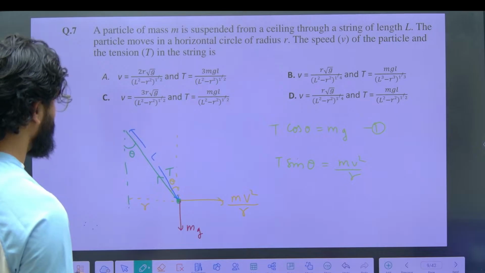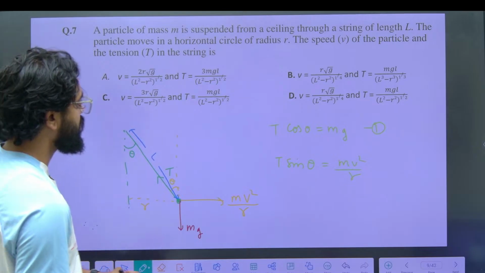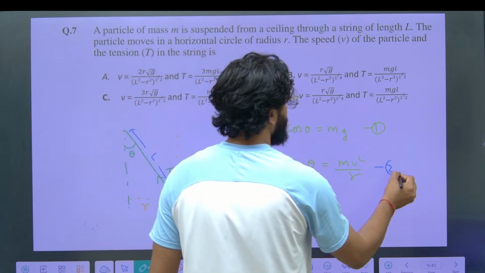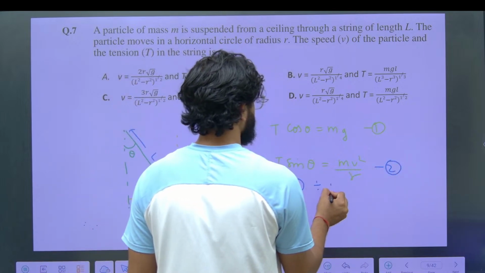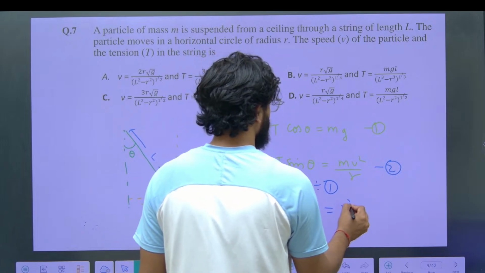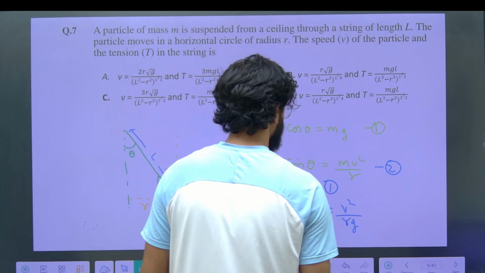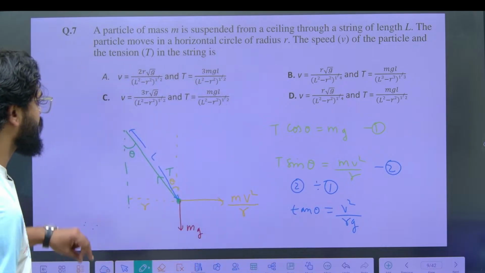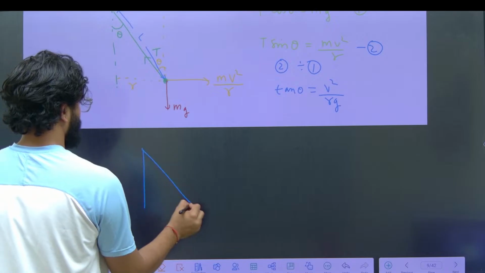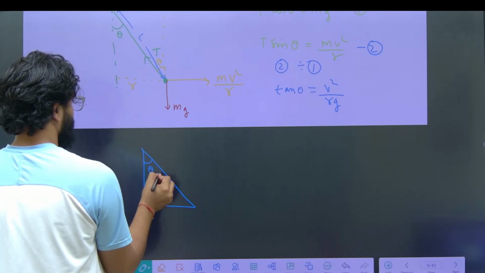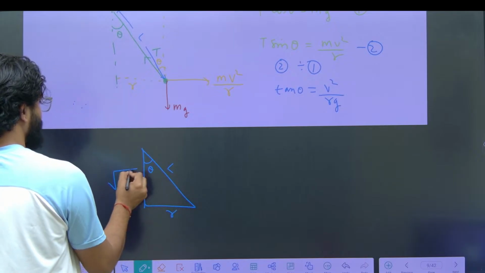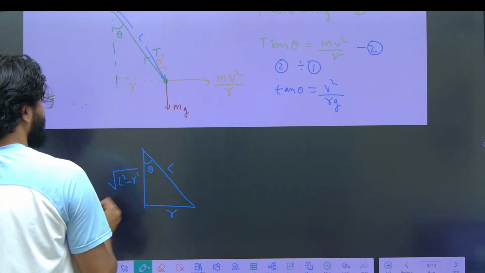Yes, okay. So if we want to, can we divide 2 by 1? So it will be tan theta equals to v square upon rg. Okay, so from here, if we can make the triangle, this is theta, this is r, this is L. So this will be under root L square minus r square.